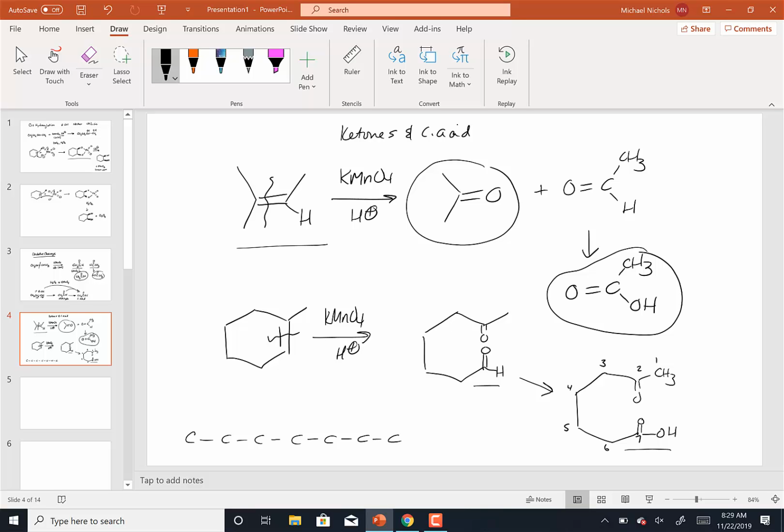Carbon 1 is a CH3. Carbon 2 is a C double bond O. The other one that has something is carbon 7. Carbon 7 is now a C double bond O OH. And then everything else is a CH2.